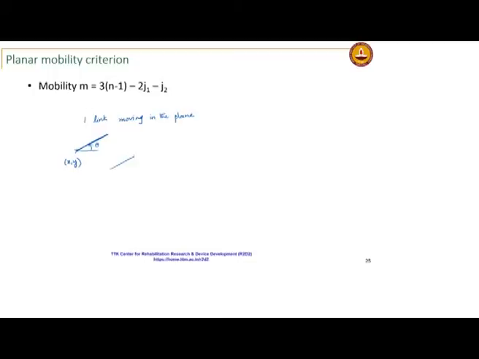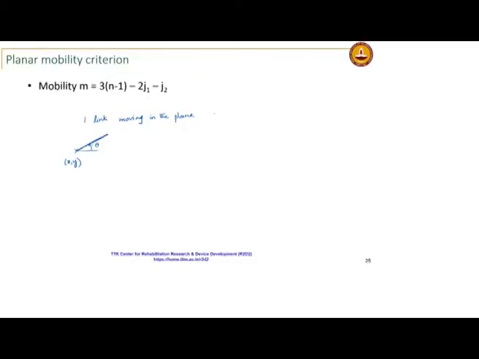What if I take these two coordinates x1, y1 and x2, y2? There is a constraint. I have 4 quantities, but the distance between those 2 points remains the same. That is a constraint on the link. So again I only need 3 independent quantities to specify the location of the link.